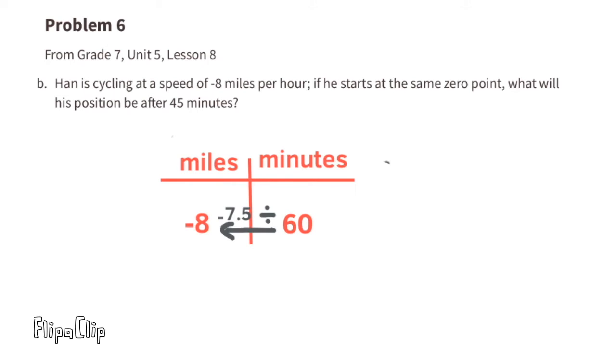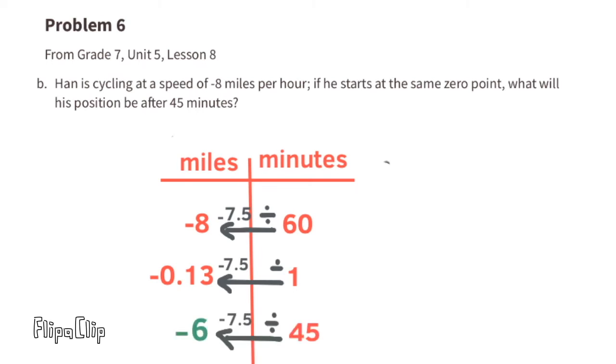This tells me that 1 minute of riding divided by -7.5 equals -0.13 miles. 1 times 45 equals 45 minutes, and -0.13 times 45 equals -6. So in 45 minutes, Han rides -6 miles, which could mean 6 miles to the west.